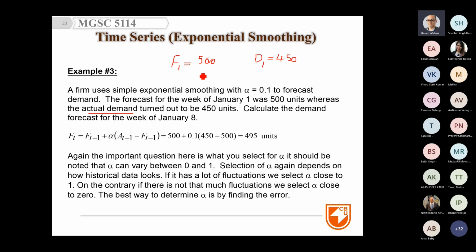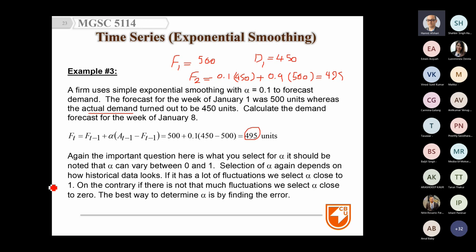So based on the formula, if I want to calculate the forecast for the second week, F2, what is the formula? 0.1 multiplied by the actual demand, 450, plus 1 minus 0.1, which is 0.9, multiplied by the forecast demand in the past period, 500. Perfect. And then you are able to calculate that and it will be 495. Okay, 495.